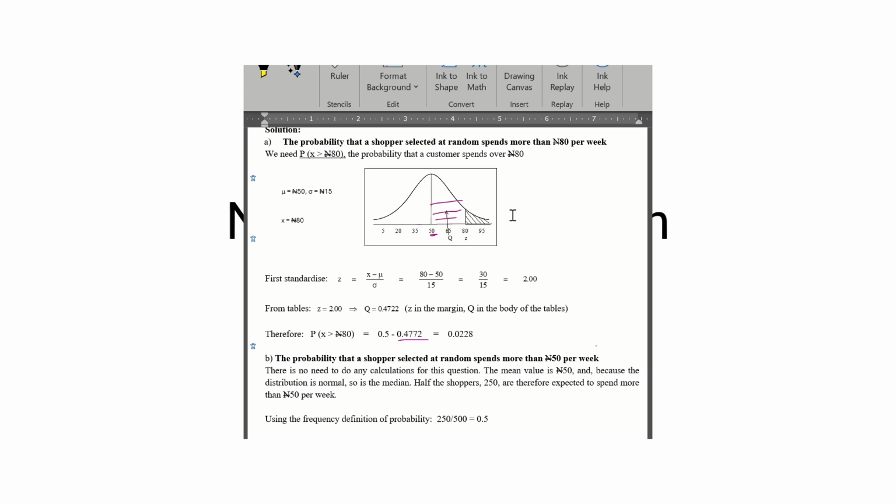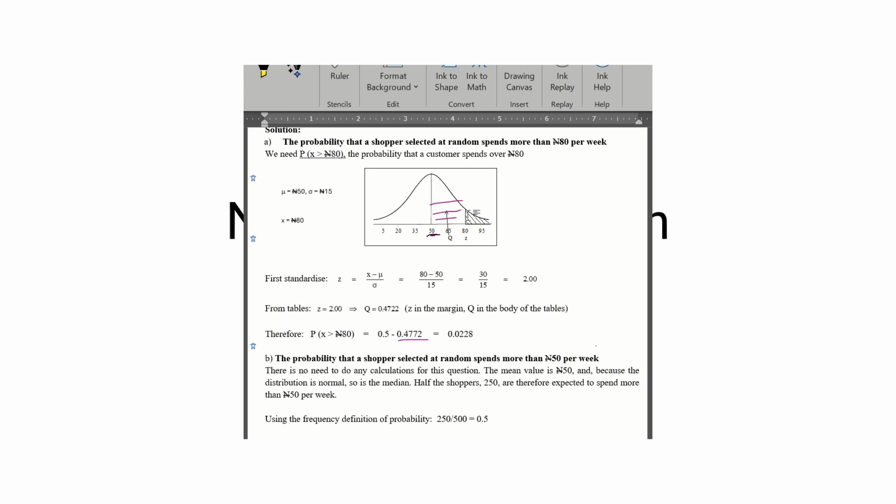And another explanation to this is that if you check, this Z means that this 80 is 2 standard deviations away from the mean. And we already said earlier that anything that is 2 standard deviations away from the mean, 95% of data will fall around that.